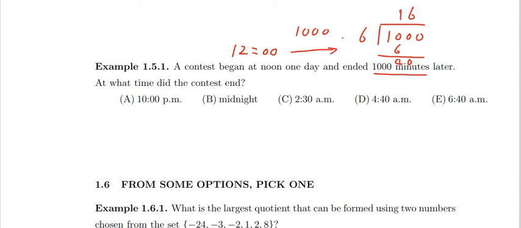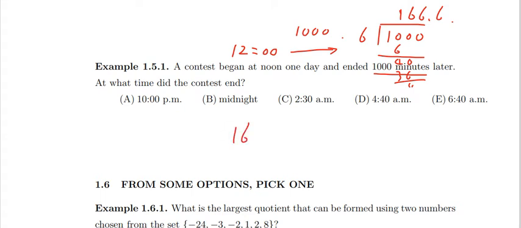So 1,000 minutes equals 166 hours. Let's say we change 166 hours to how many days.